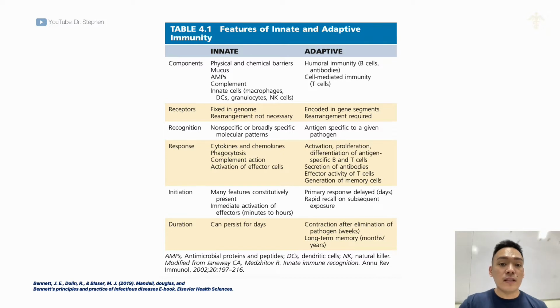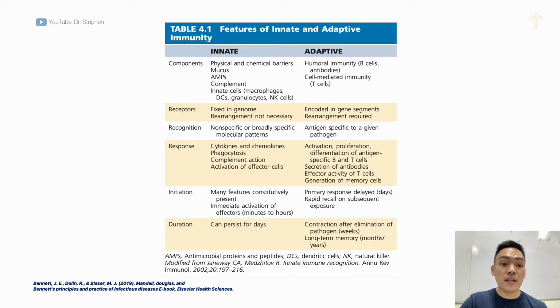For adaptive, that's humoral immunity, such as your B cells and antibodies, and cell-mediated immunity. For the receptors, they are fixed in the genome, and rearrangement is not necessary. For adaptive, they are encoded in gene segments, and we have to rearrange them.